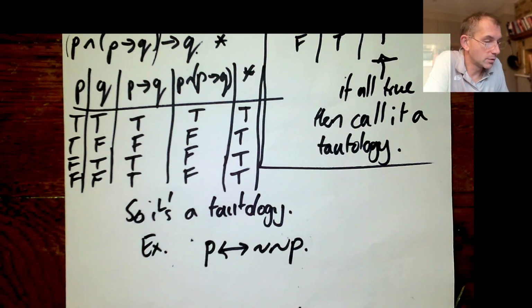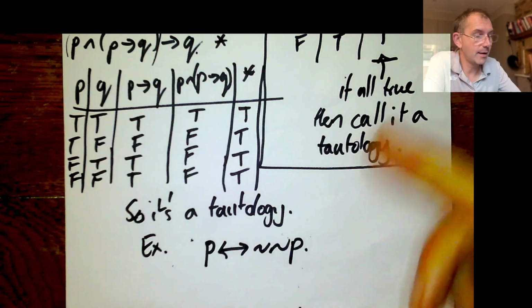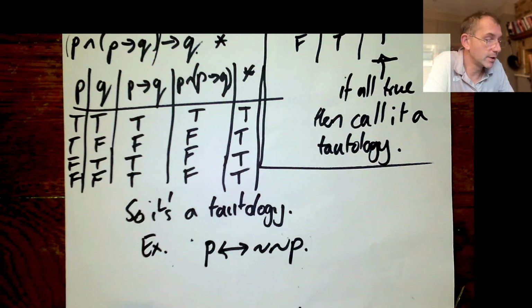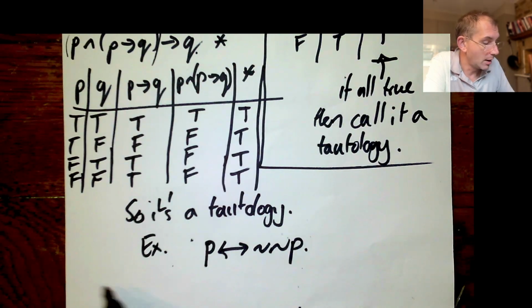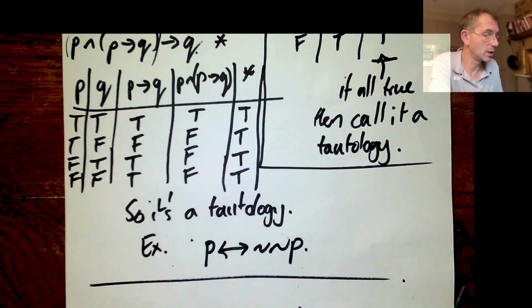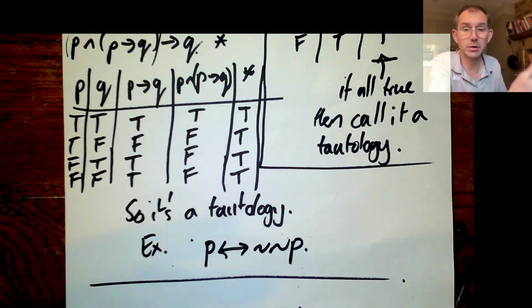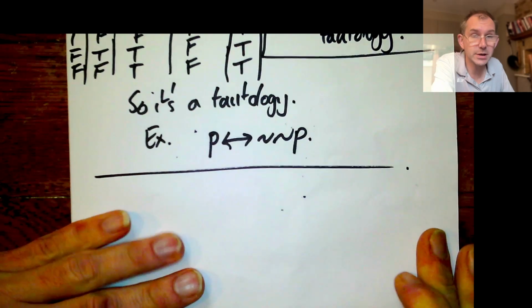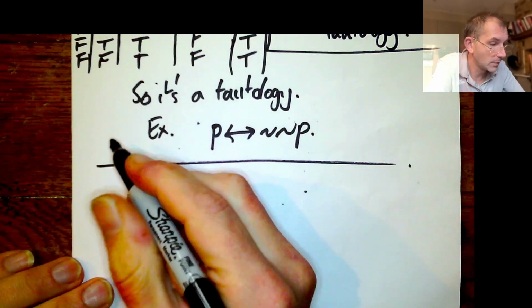In almost all cases, you're just going to be writing out a truth table for these things, and then you just see whether the last column is all true or not. There is a similar thing, which is the sort of false version of tautologies. So tautologies are always true, contradictions are always false.